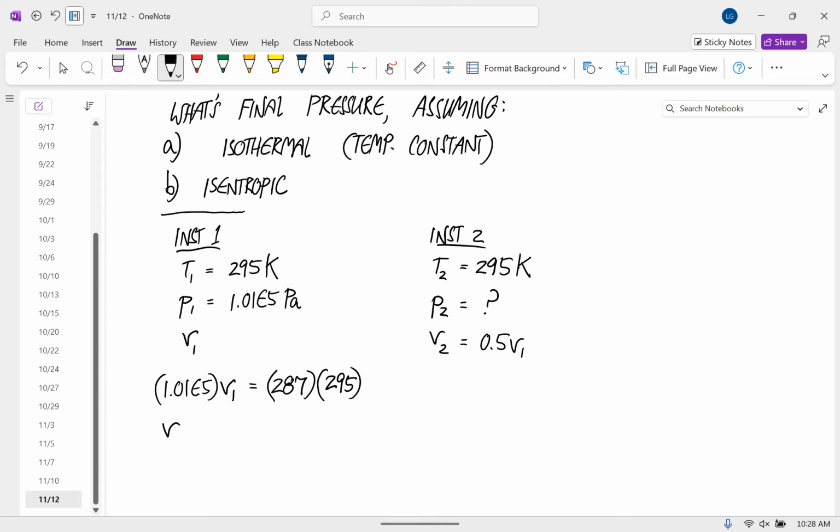And so that specific volume is 0.838, and that is meters cubed per kilogram.